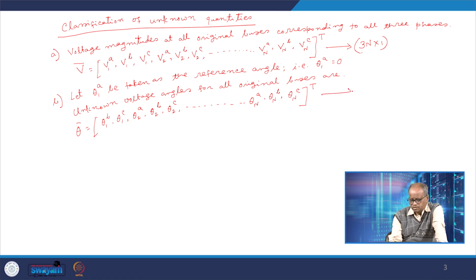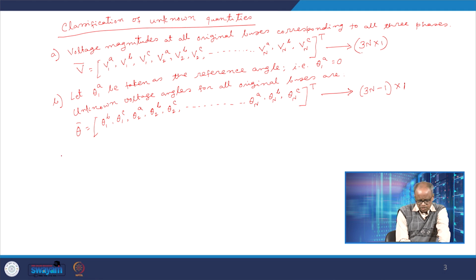So this will have 3n minus 1 entries. So then this particular theta vector is 3n minus 1 cross 1.